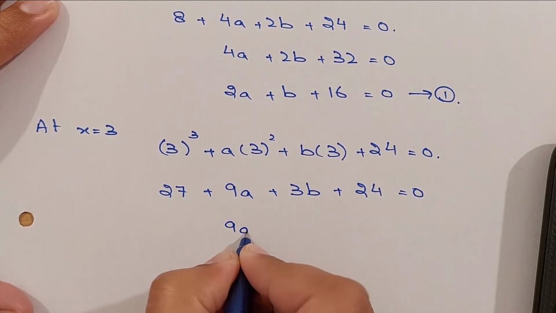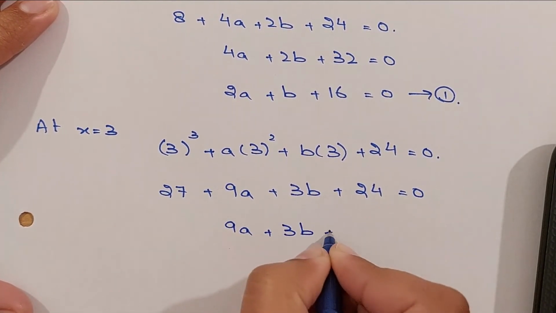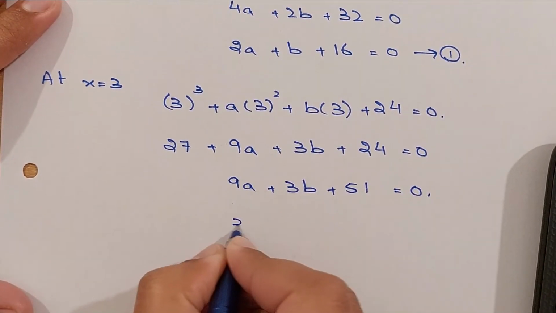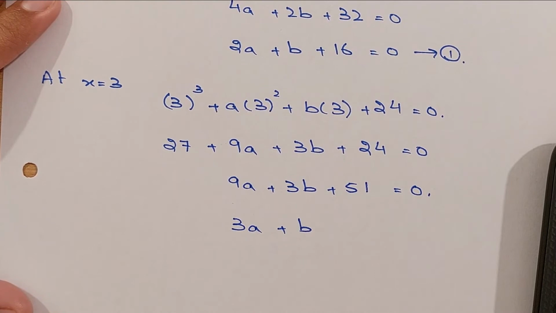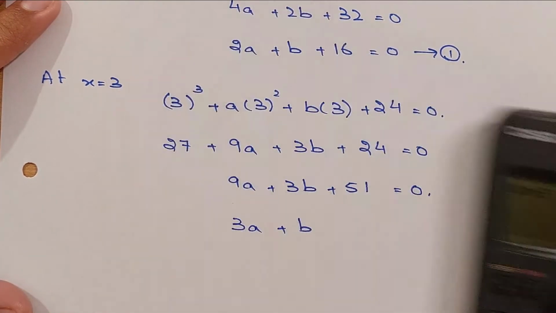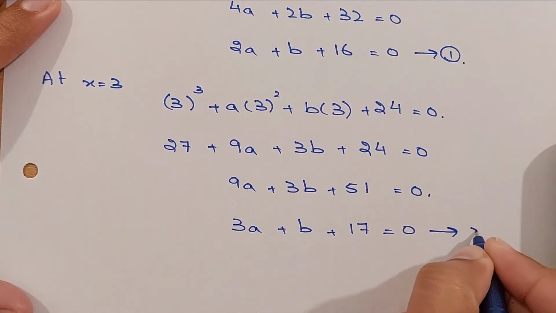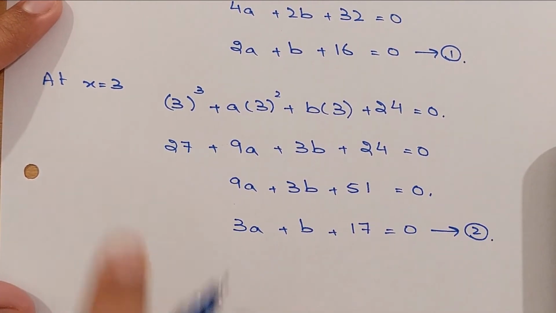So 9a plus 3b plus 51 equals 0. So dividing by 3, 3a plus b, 51 divided by 3 is 17, plus 17 equals 0, the second equation, right? Now we have 2 equations.